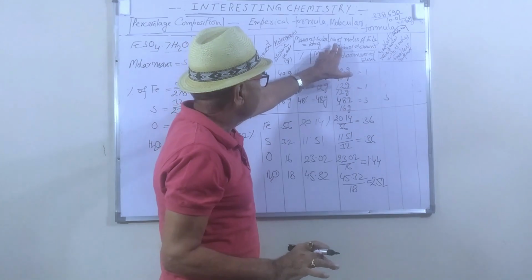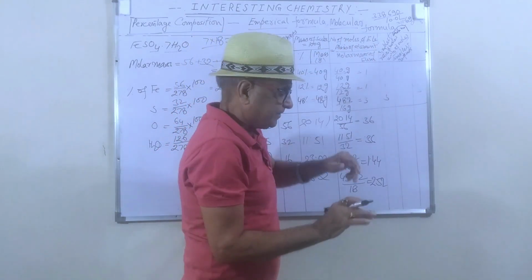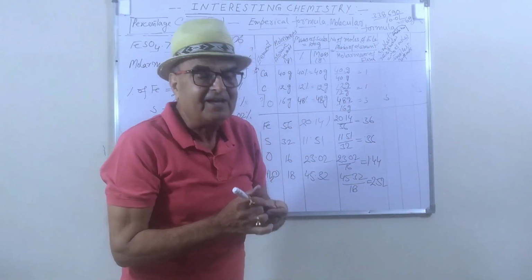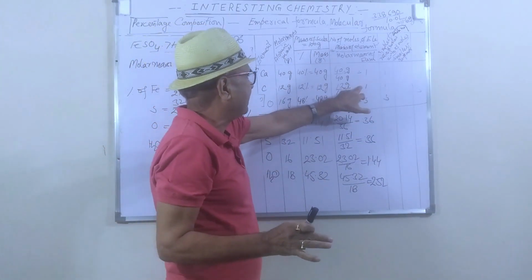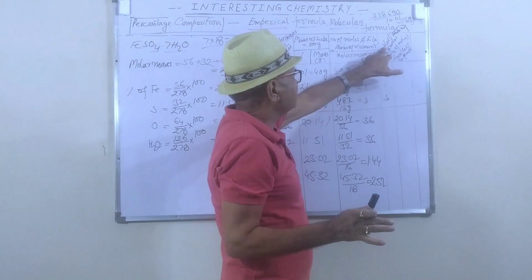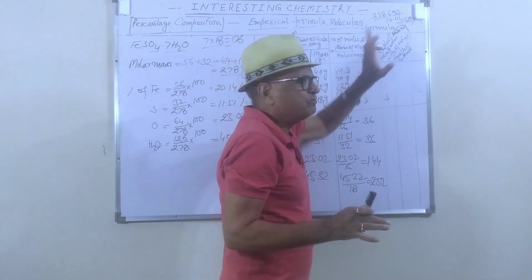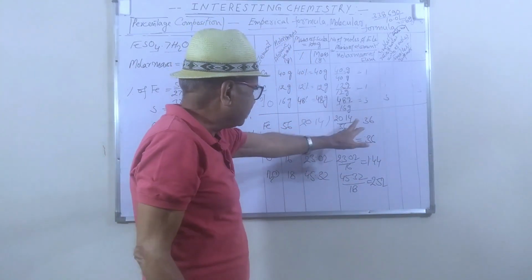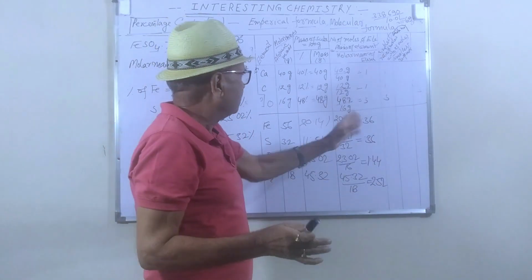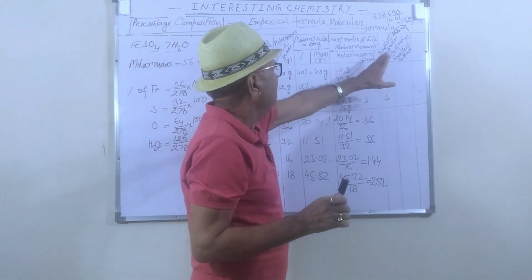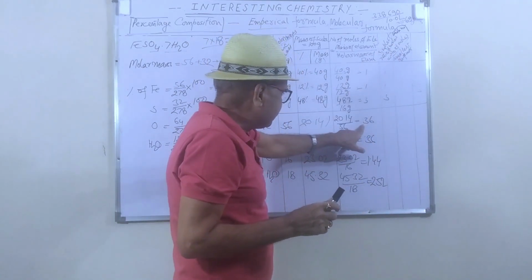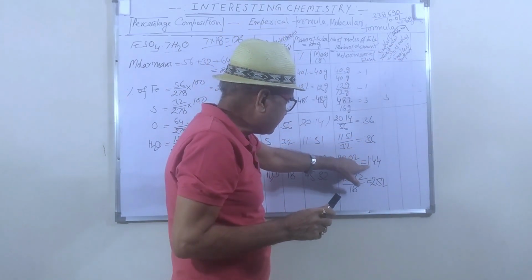This is the number of moles of the elements. Now here I want to explain that in my previous example I couldn't explain the simplest ratio of moles, so I have taken this example. What do you mean by the simplest ratio of moles? This is not the simplest ratio.